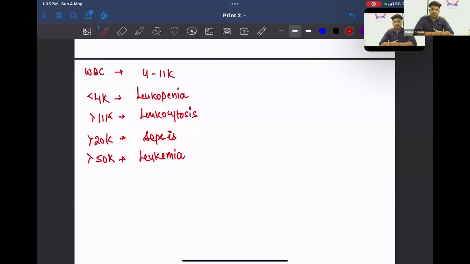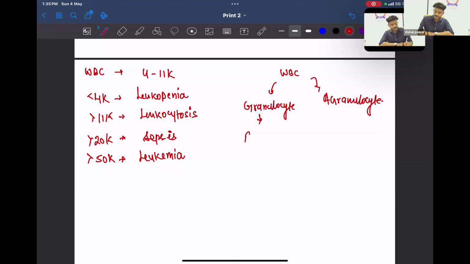How many types of WBCs do you have? You have 2 types of WBC. We can have granulocyte and agranulocyte. Granulocytes have granules, so we call them filled.